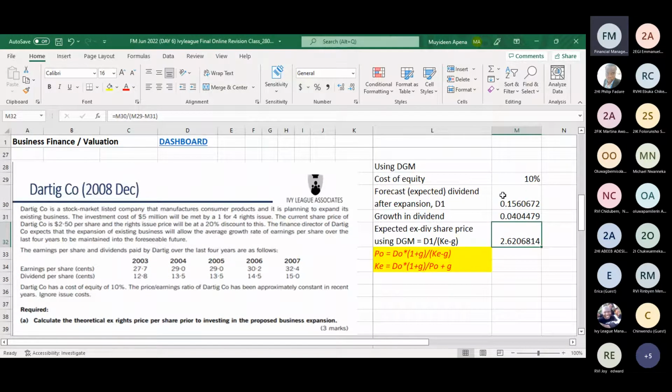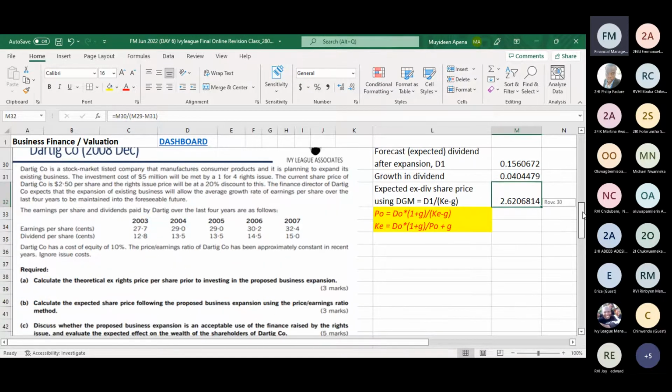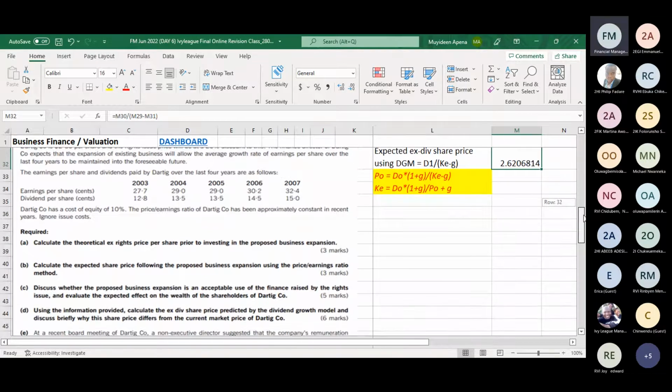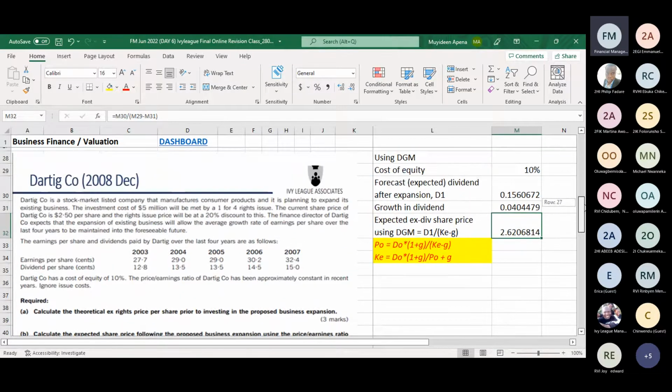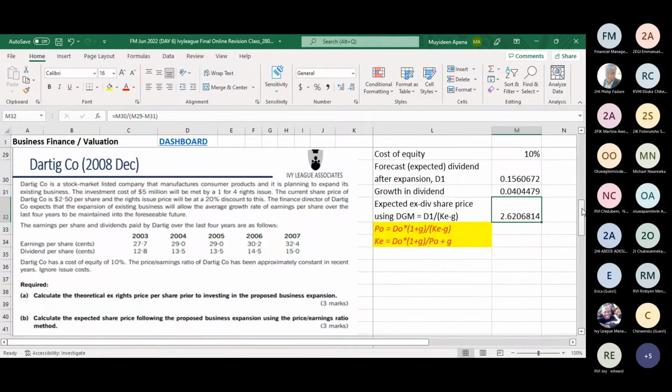That should explain the reason for the difference. At the same time, this current market price given to us in the question, how has it been established? That also should create the difference. Those are the things we are going to speak to. So I'm listening.